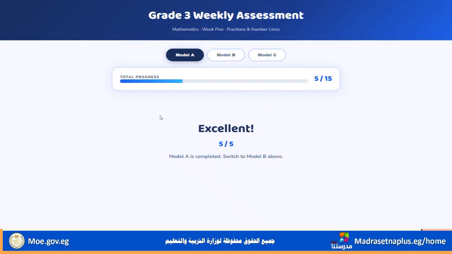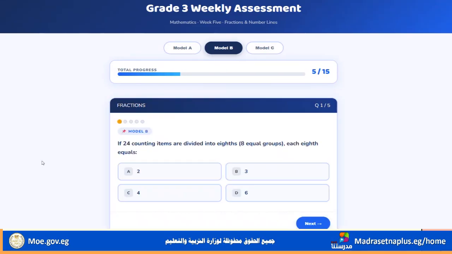Now let's get model B. First one of model B: 24 counting items are divided, shared, distributed into 8 equal groups, 8 equal parts, 8 friends, and so on. I can convert this question to: what is the eighth of 24?